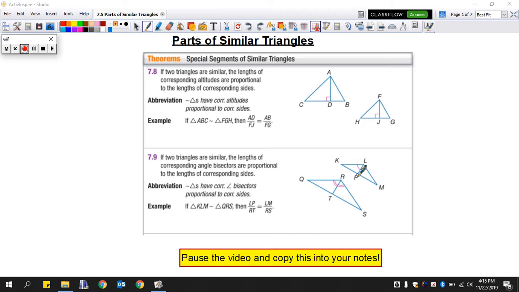Theorem 7.9 says if two triangles are similar, the lengths of the corresponding angle bisectors, the length from R to T, is proportional to QR or RS, and the same thing goes with LP, proportional to KL and LM. Pause the video and copy these two theorems into your notes.